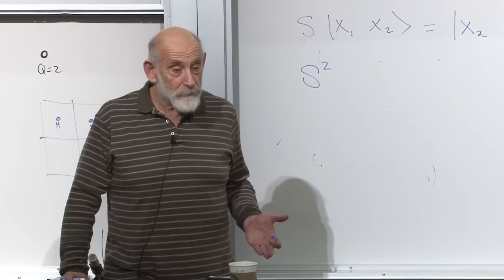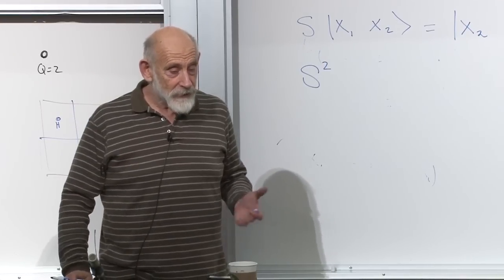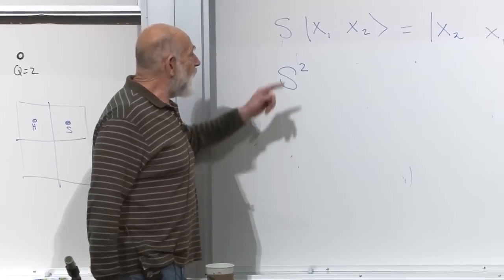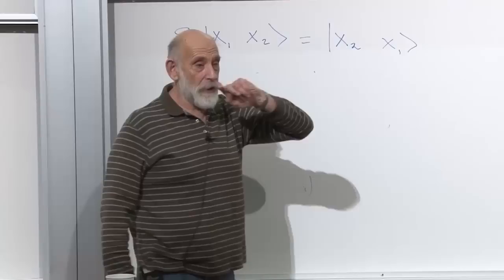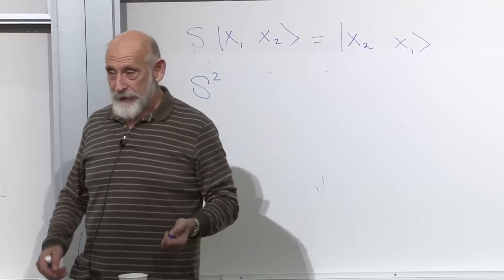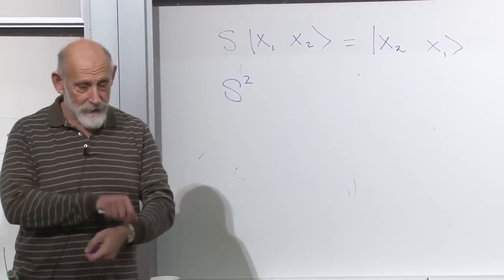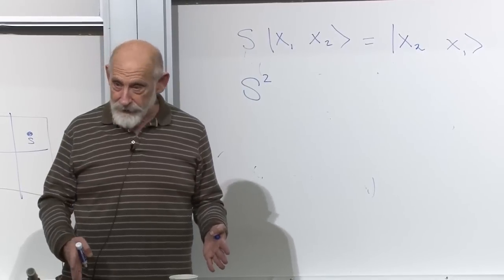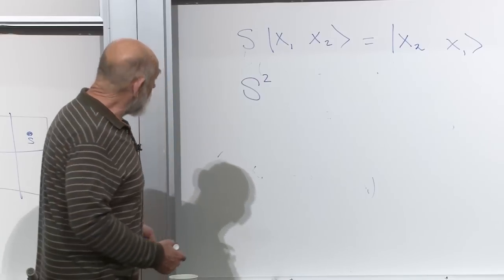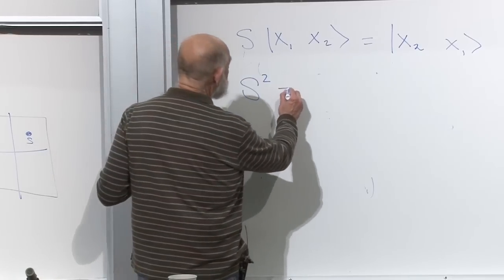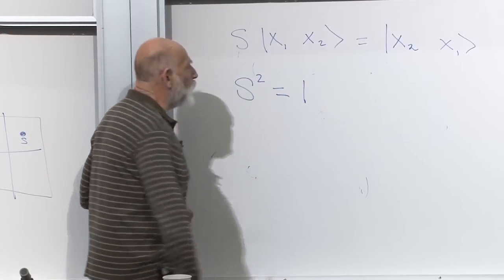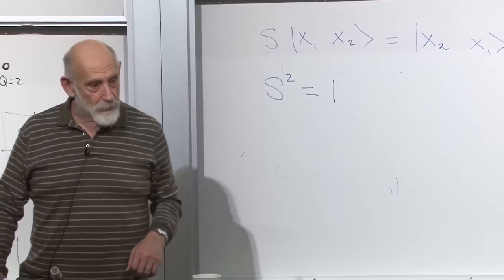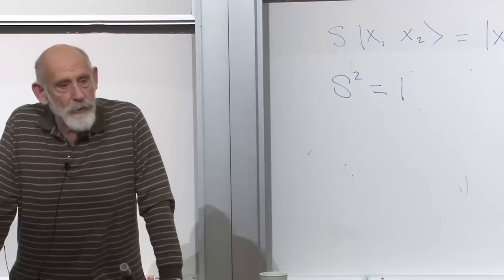You get back the same thing. Obviously, you get back the same thing, even if the particles have little names attached to them. If you interchange Harry and Sally and then interchange Harry and Sally again, you get back to the original naming. So what do we know about S squared? S squared must be 1 as an operator.